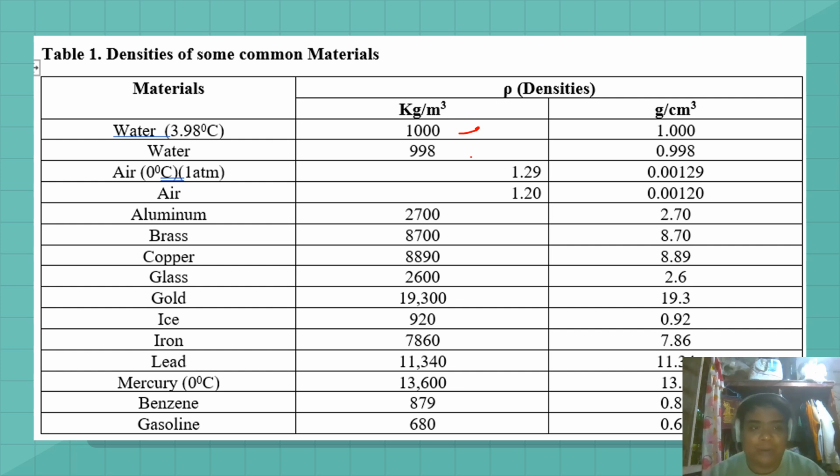So you have here from water down to brass, copper, glass, gold, ice, iron, lead, mercury, benzene, gasoline. Okay? So there you have it.